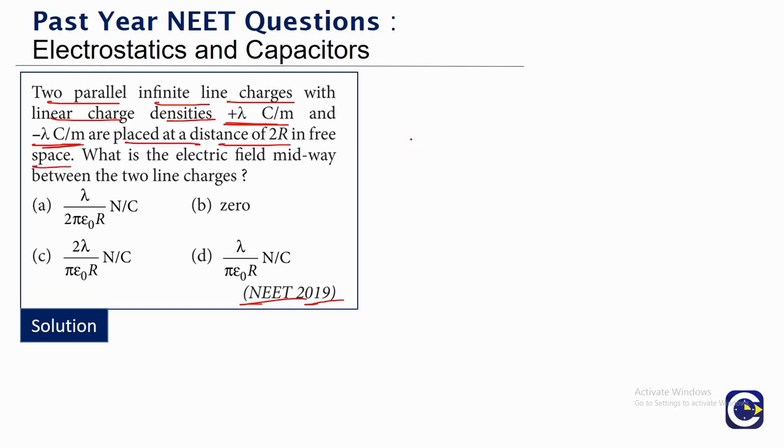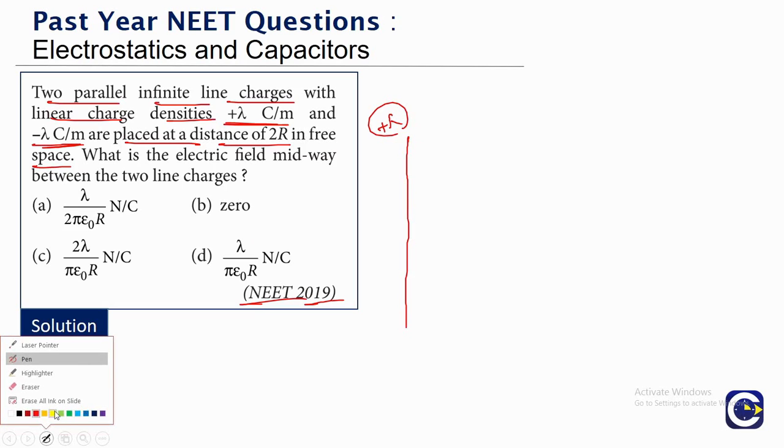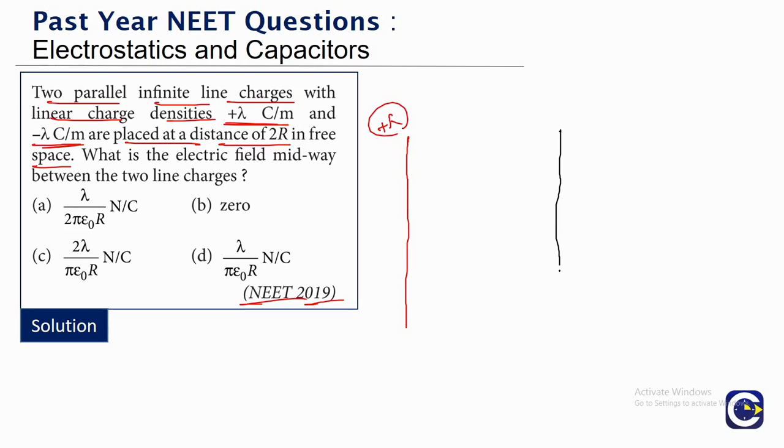Like this, say for example, we have one with plus lambda. This is infinite, though in the diagram we have to end it somewhere. This is an infinitely long charged wire. The other is also an infinitely long charged wire. Both are parallel, by the way.